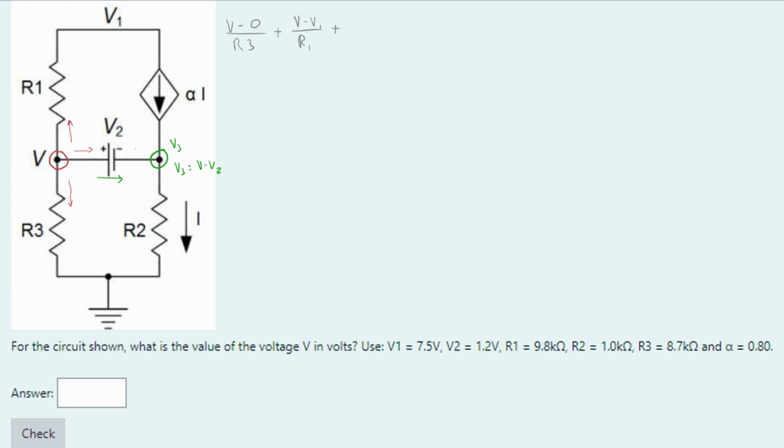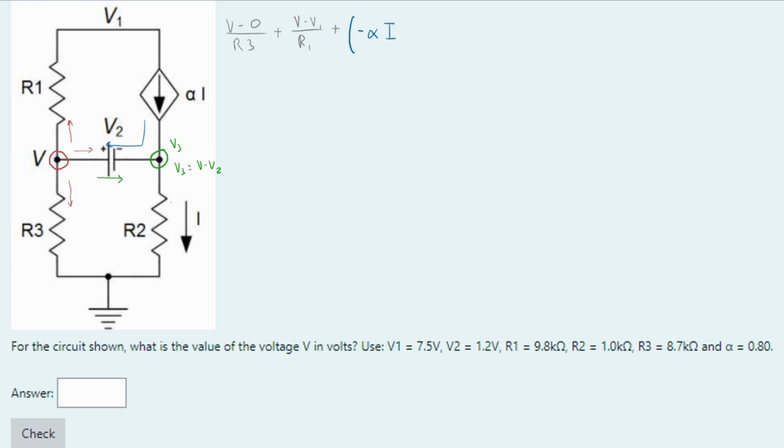And so we know that there's some current flowing into this node, right? Well, if this current is flowing into this node, that means it is minus. Remember, into a node is minus and out of a node is positive. So we're going to have a minus alpha times current.